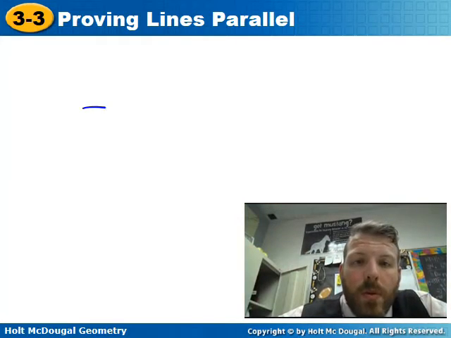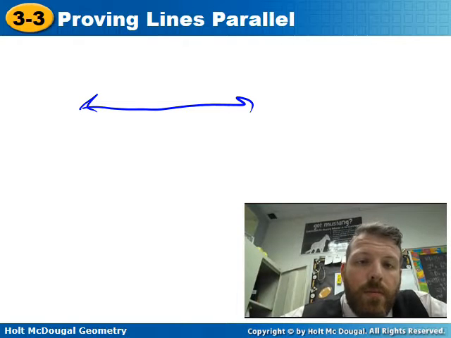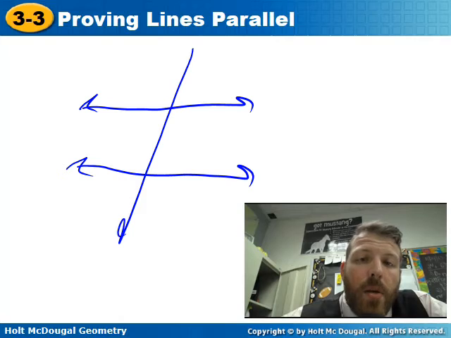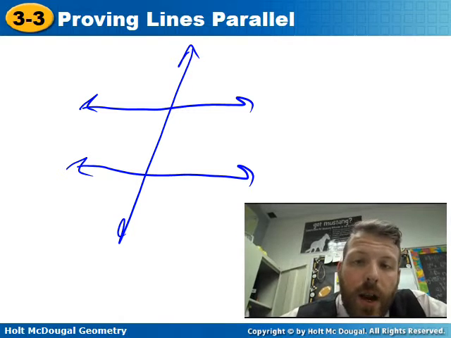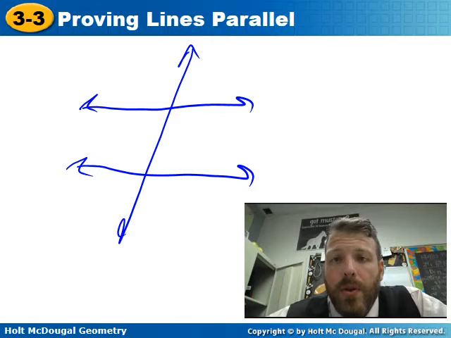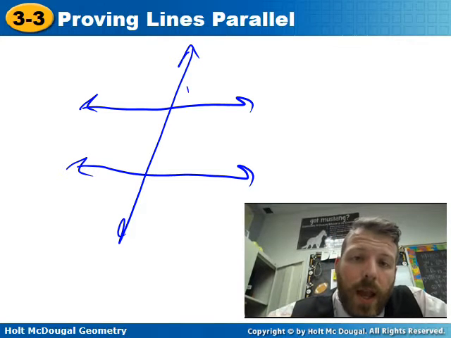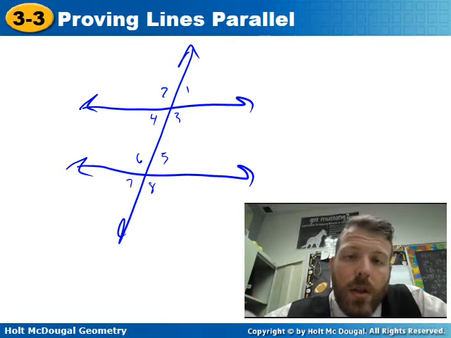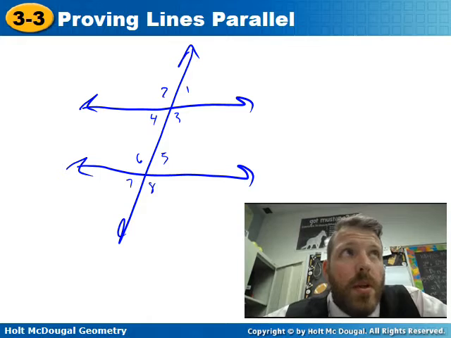So what we're going to start with is looking at two lines. And if you remember from the 3.2 section, these lines are not parallel unless I have the little arrow mark. Everything started with these angles. If the lines are parallel, then these angles have specific properties that go with them.